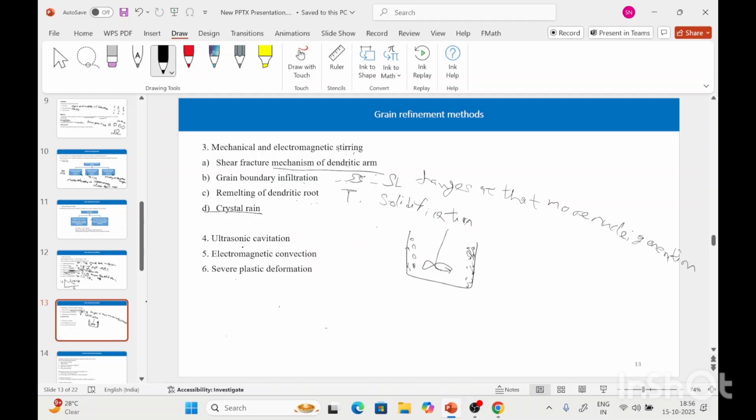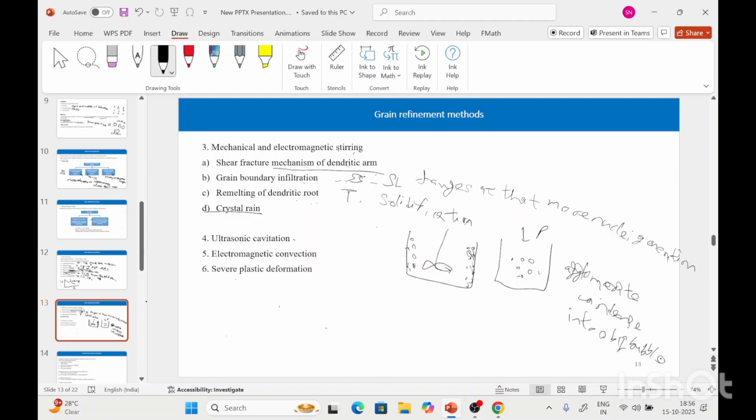Then the fourth method is the ultrasonic cavitation, meaning some pressure is provided. Because of that, as pressure is increased, the gas pores present in the liquid aluminum will agglomerate and condense into a big bubble.